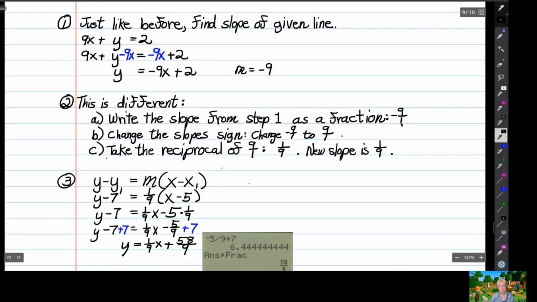Now this is very important. Step 2B. Change the slope's sign.